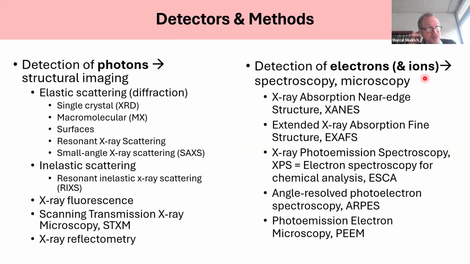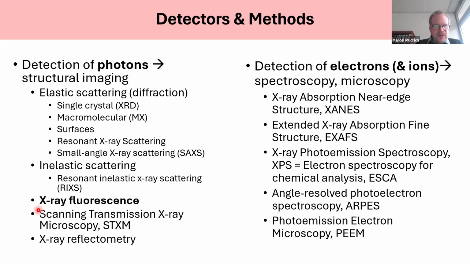And in previous presentations by students, we have seen that detecting electrons and ions in coincidence, using this COLTRIMS or reaction microscope setup, is a very powerful technique where we could then extract the structure of molecules by Coulomb explosion imaging. But today we will focus on photon detection, and I think I showed this already.